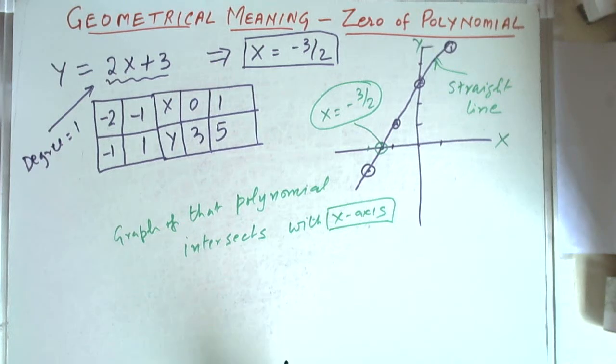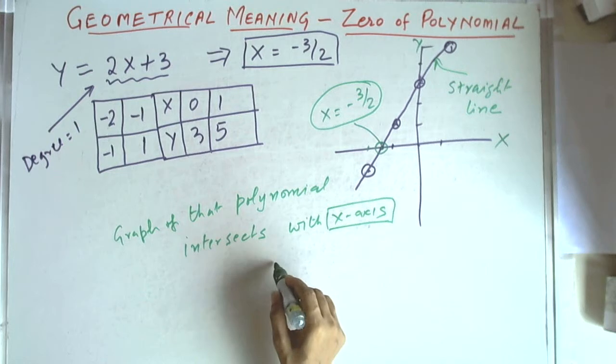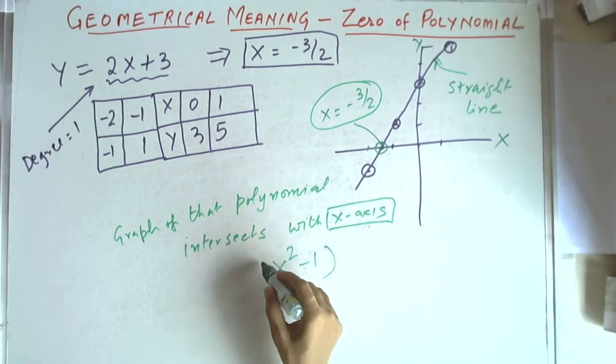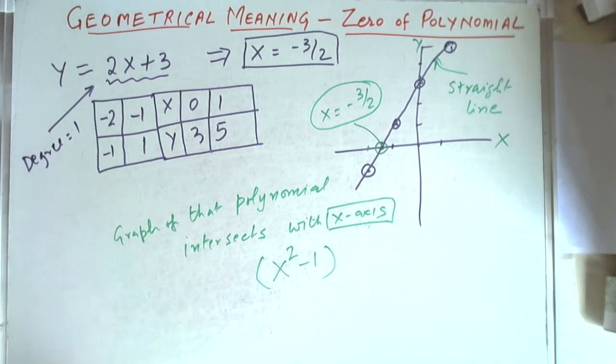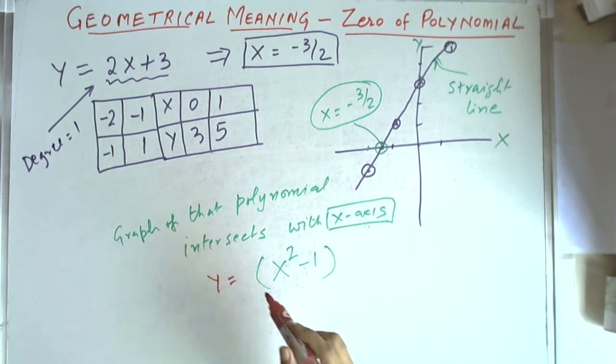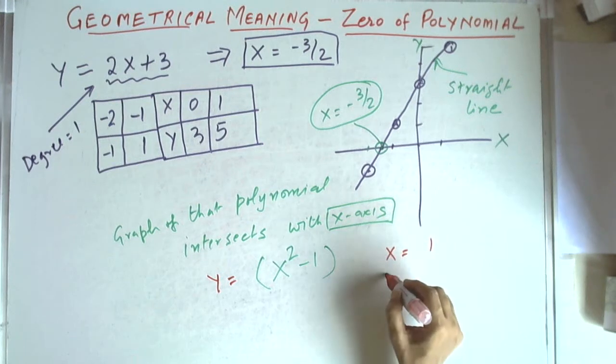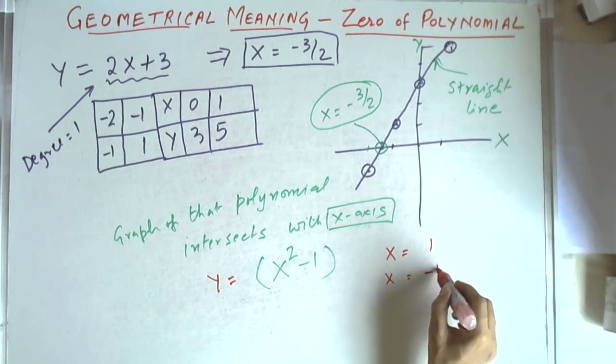And again, remember that there can be more than one zero of a polynomial. I can take a very simple example, say x square minus 1. This polynomial will be 0 for x is equal to 1 as well as x is equal to minus 1.